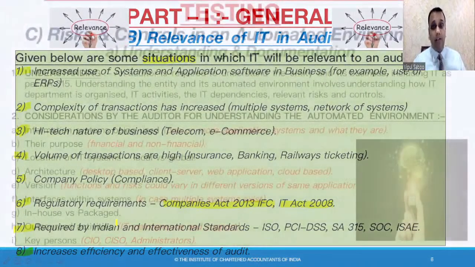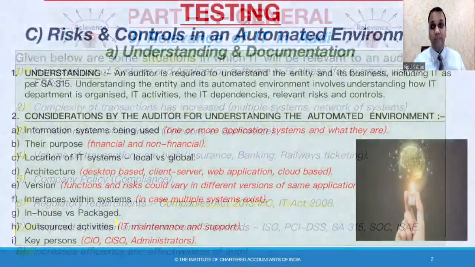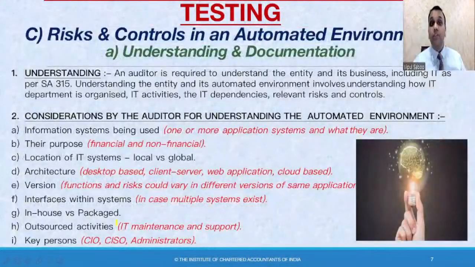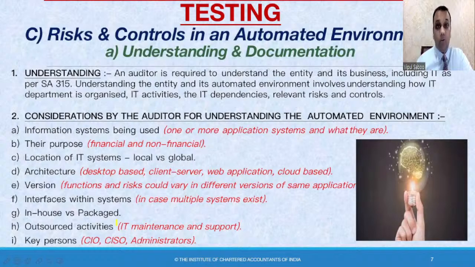The second part: risks and control in an automated environment. We talk about what are the risks in an automated environment and how we need to implement the controls in an automated environment. The first part says we have to understand and document the risk.